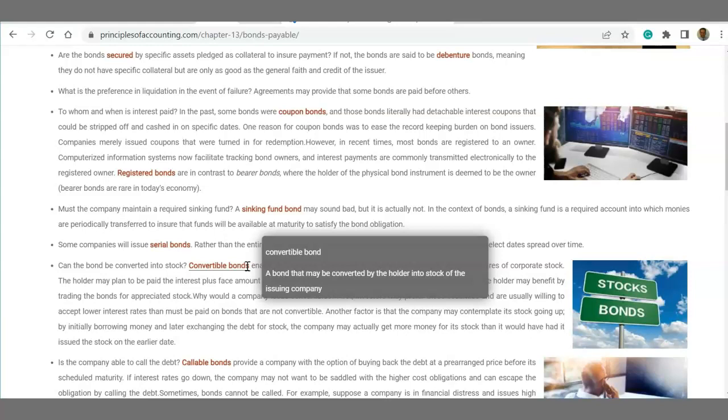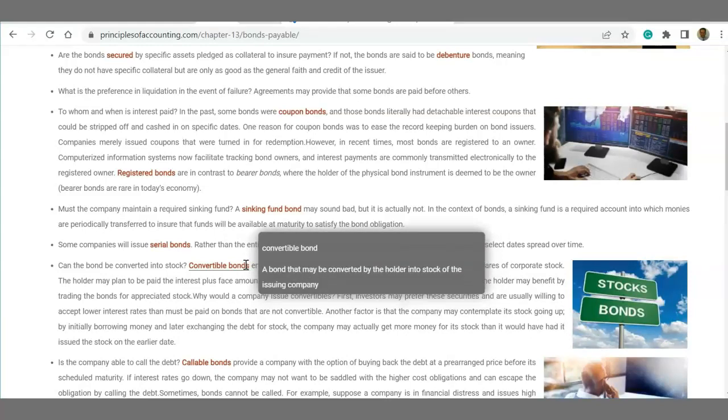Of course, it's optional, but it has a benefit for investors, because they might think, okay, if I convert this to stock at this moment and sell the stock, I might have more gain compared to just selling the bond.